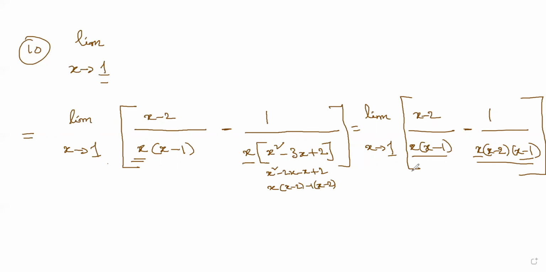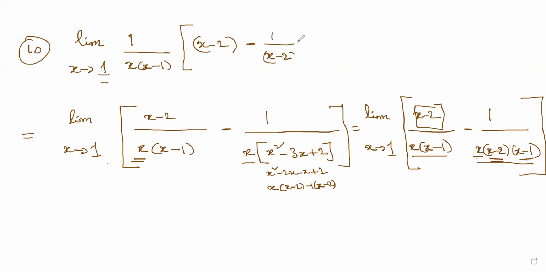Out of these two terms, I will take 1 by x into x minus 1 as common. When I take this common, I am left with x minus 2 in the numerator here. Because x into x minus 1 is taken as common, and the denominator is 1, I need not write that 1. So minus of x into x minus 1 is taken out, and only 1 by x minus 2 remains here.